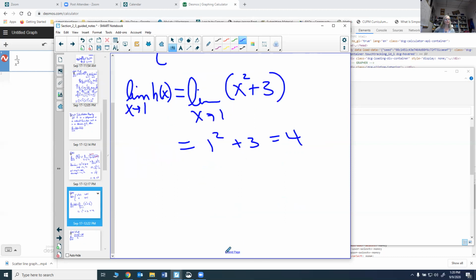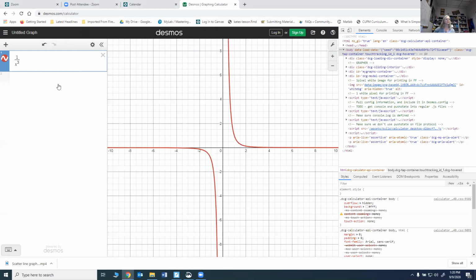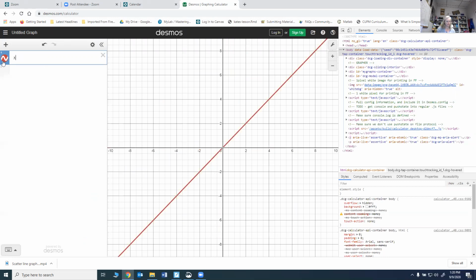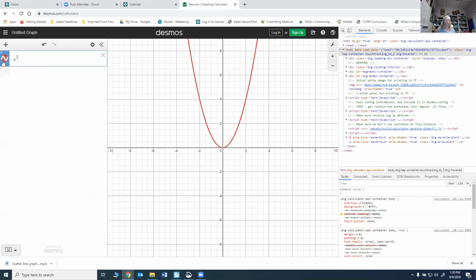If you want to look at the graph of this, we'll go ahead and graph it up on Desmos. If I graph this up on Desmos, we get x squared plus 3. And this is what the graph looks like.